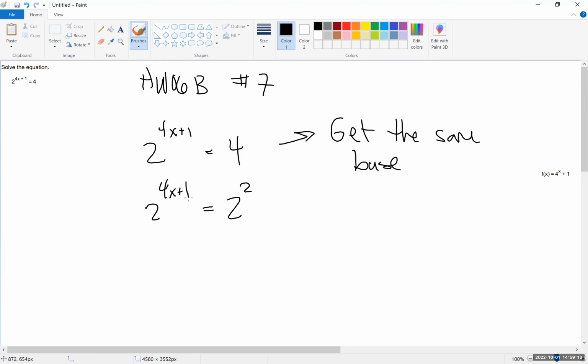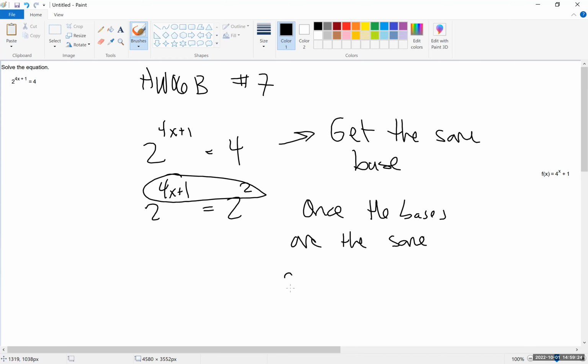And now once the bases are the same, you can set the exponents equal. Set the exponents equal to themselves, right?